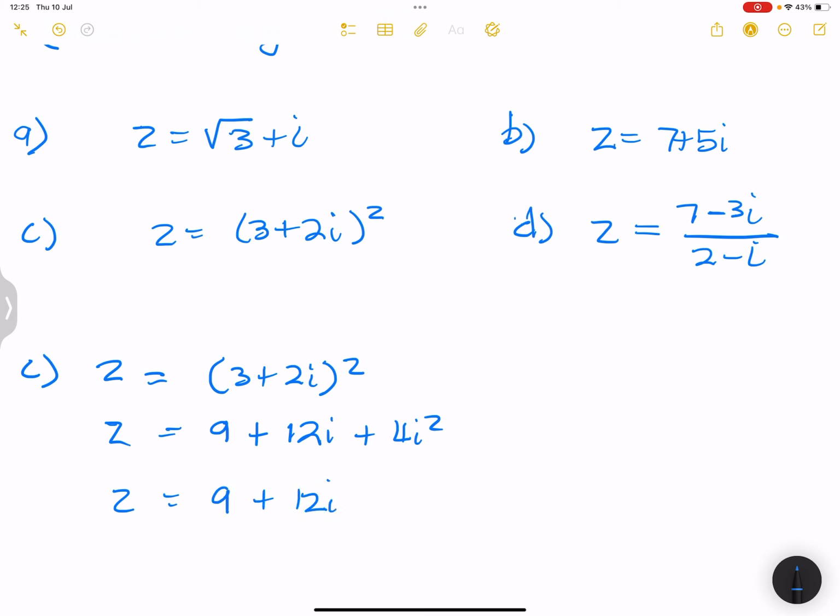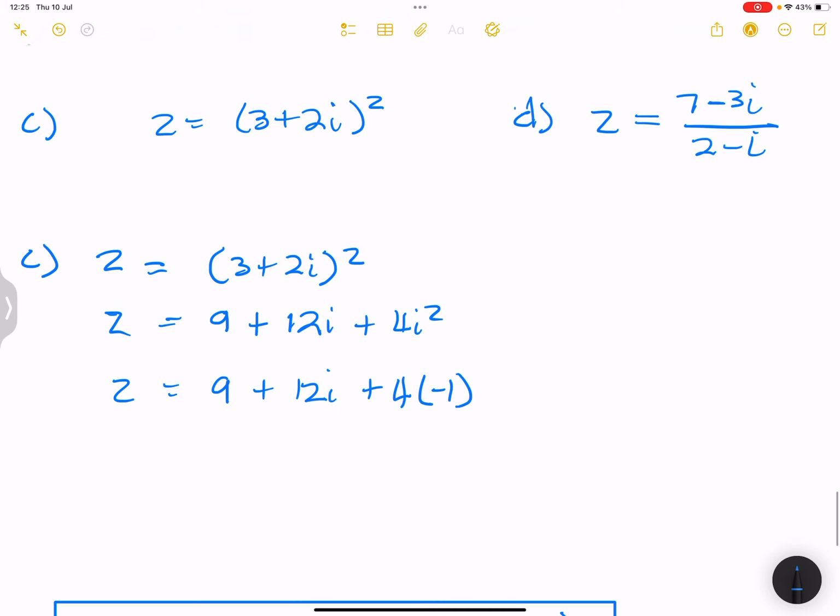That's 12i plus 4 times, remember, i squared is -1, that's the square root of -1 times the square root of -1, which gives us -1. So we end up with 9 minus 4, which is 5, plus 12i.